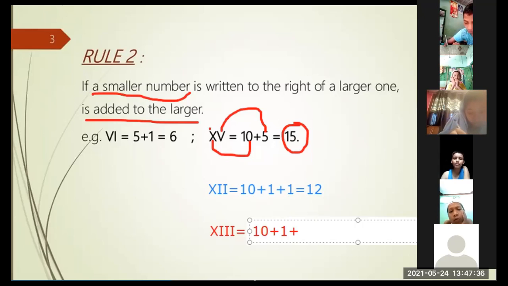Then again I value is what? 1. Again what will I write? Plus. Again I value is what? 1. Very good. That means 10 plus 1 plus 1 plus 1 is 13. Very good. So I think all of you have understood?